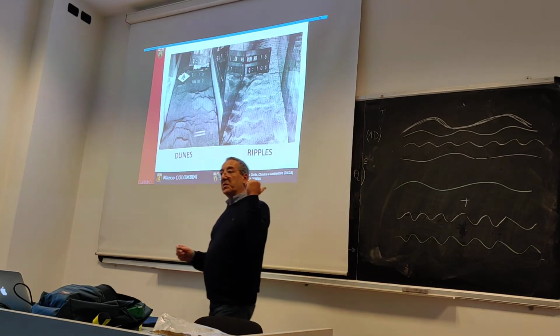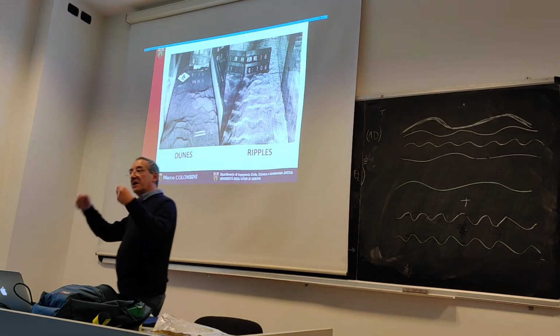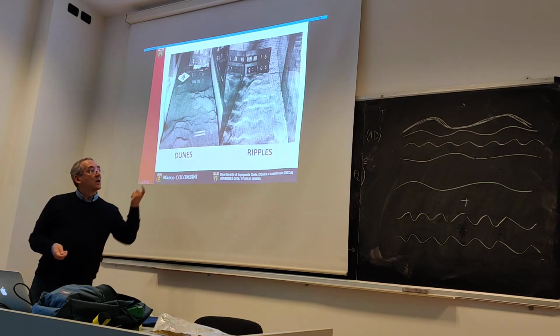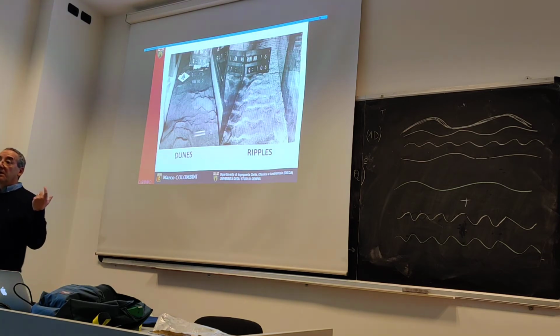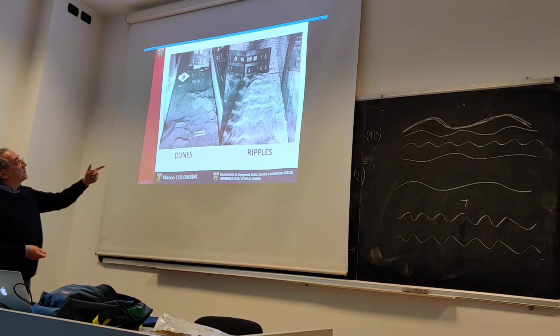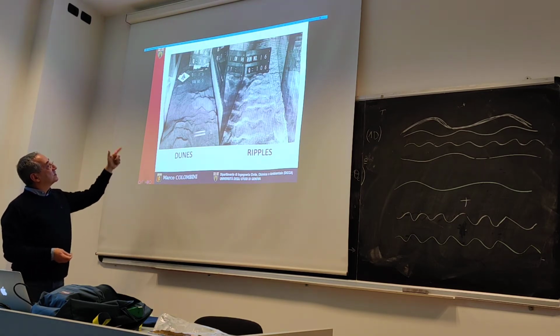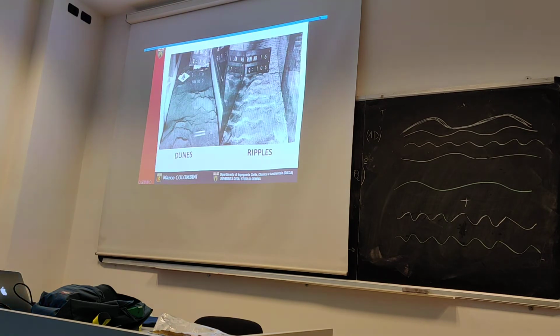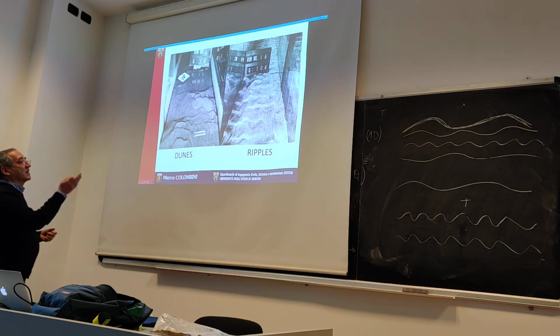Still, the information that you get when you assume that they are sinusoidal, the information on the wavelength is pretty good. Okay, so you are able to transfer that information on the real thing. Even if when you're looking at this, it's quite difficult to recognize. So if you know what you are looking at, then you can find dunes or you can define ripples.